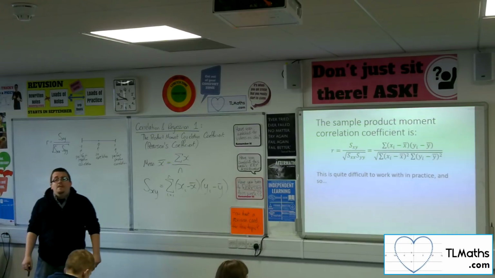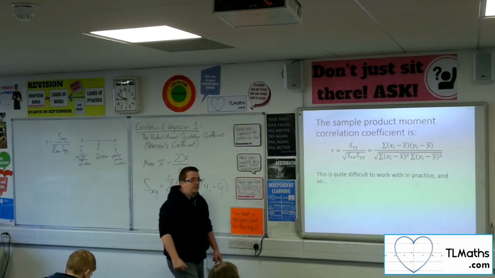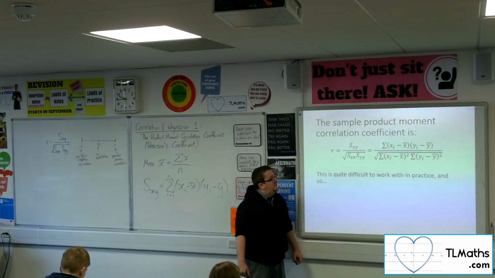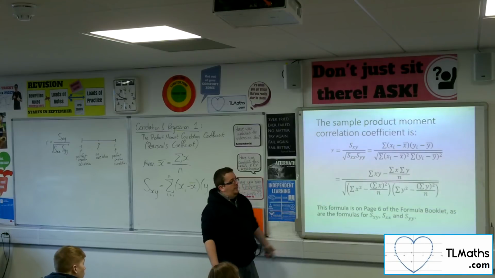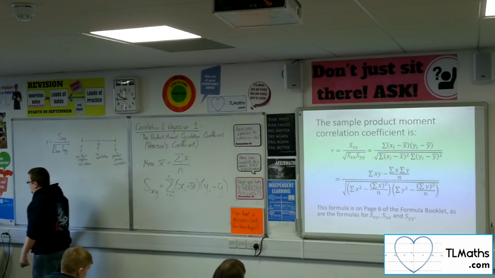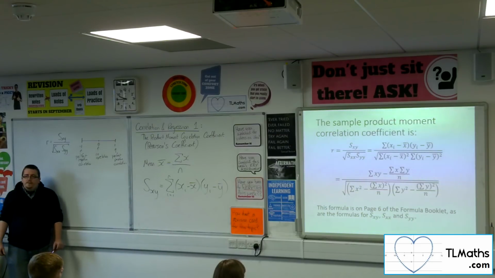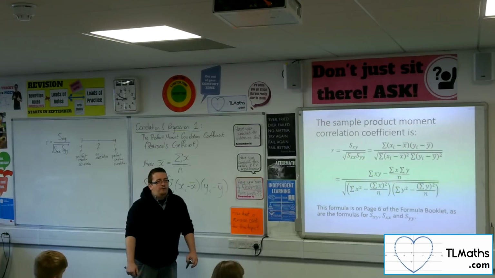But remember that they were quite difficult to work with in practice, so we utilise instead a formula that looks like this. Now conveniently, this is in your formula booklet.